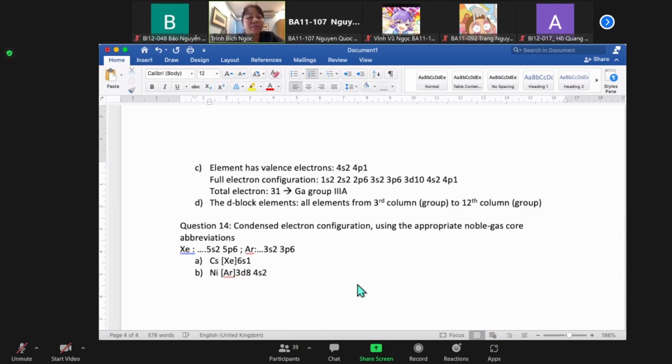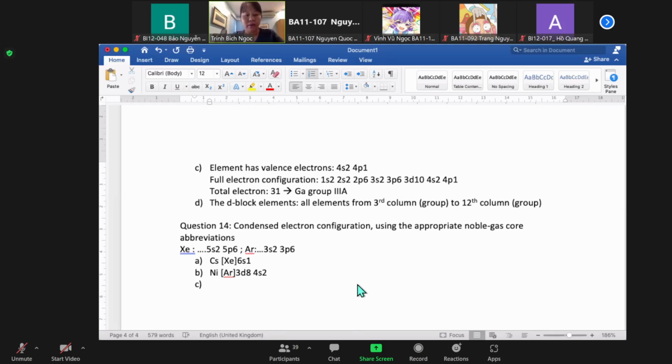Yes. So people in the class, do you understand how we write the condensed electron configuration? Okay, so we will do the third one, and then I will let you do the last 3 questions at home.